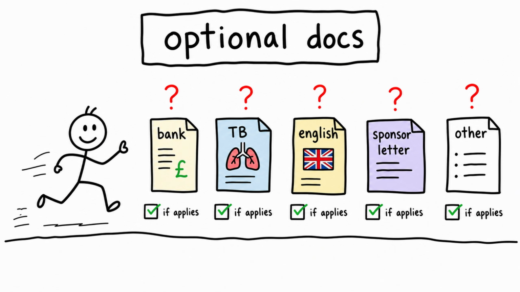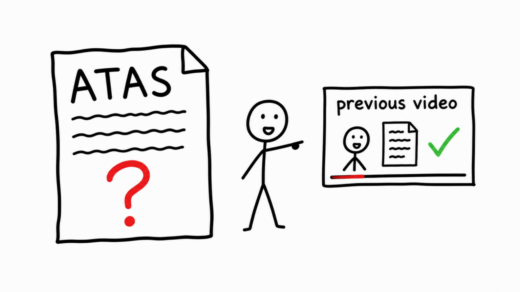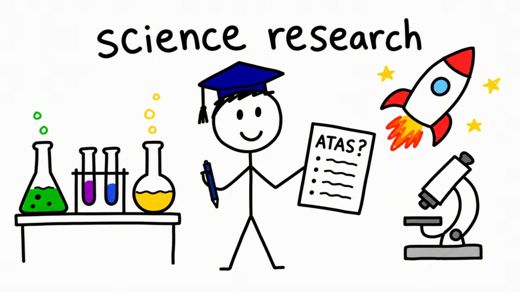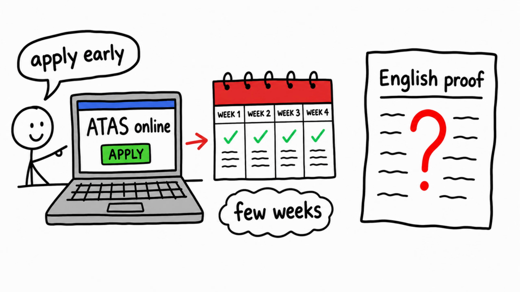Let me quickly run through the rest, and remember, you only need these if they actually apply to you. There's an ATS certificate, and we covered this in the previous video. You would only need this if you are doing or studying certain postgraduate sciences or research courses. Apply for that one online early because it can take a few weeks. There is proof of English.